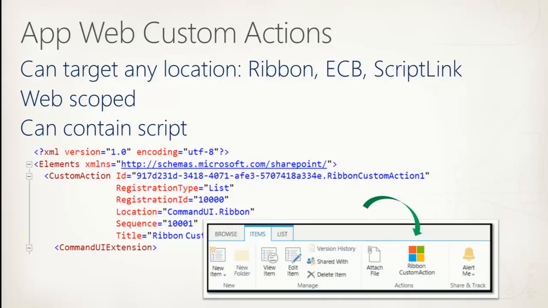But when they are part of the app web, they can target any location, ribbon, script, ECB, script link, and they can contain script. So the difference between the custom actions from the host web and the app web is very dramatic. For the host web, it's just a URL launching point. And for the app web, you have the full power of what custom actions have to offer.